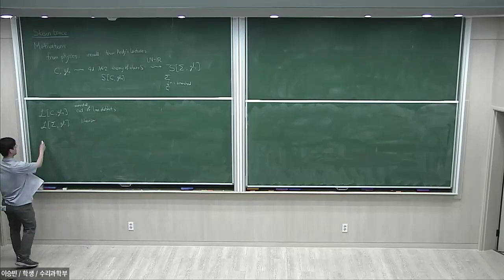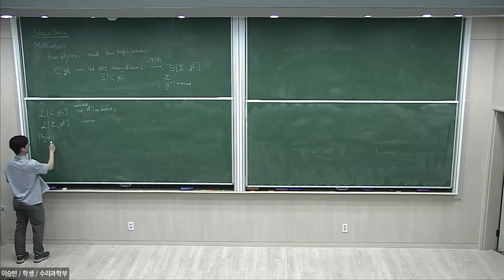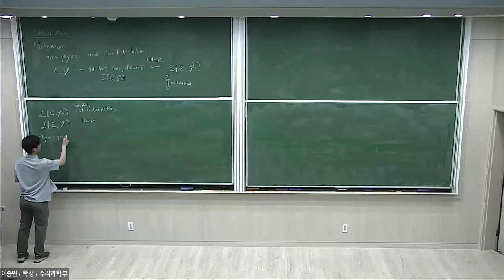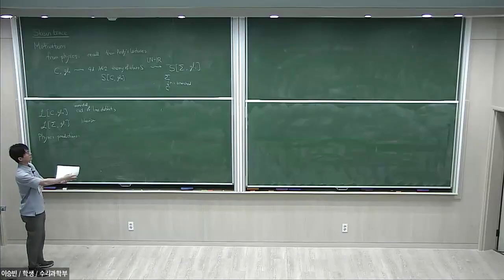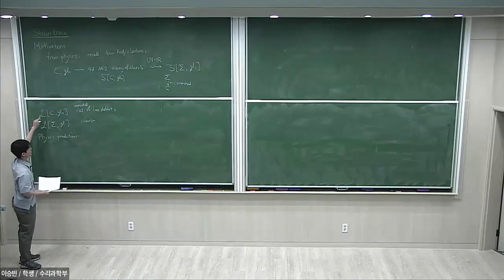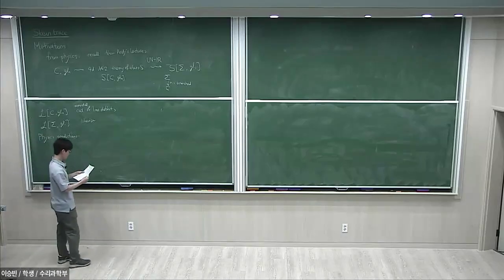Then one of the physics predictions is that as we flow from high energy to low energy, there should be a corresponding functor between these categories.